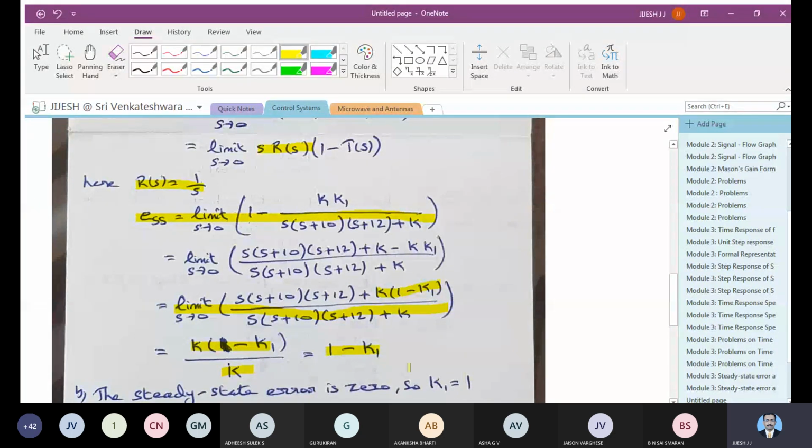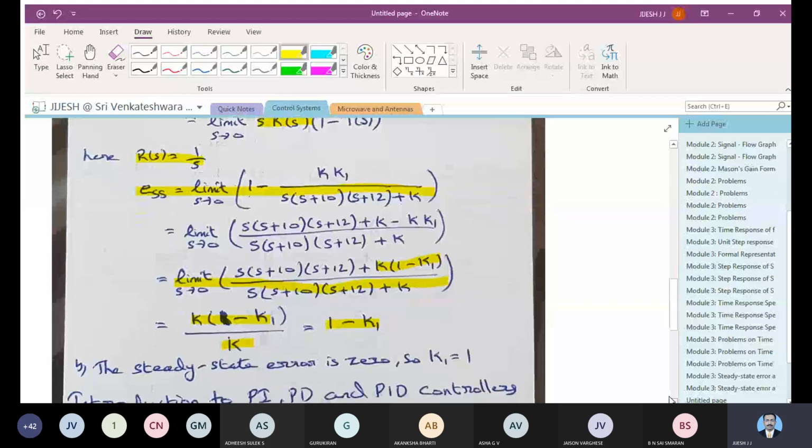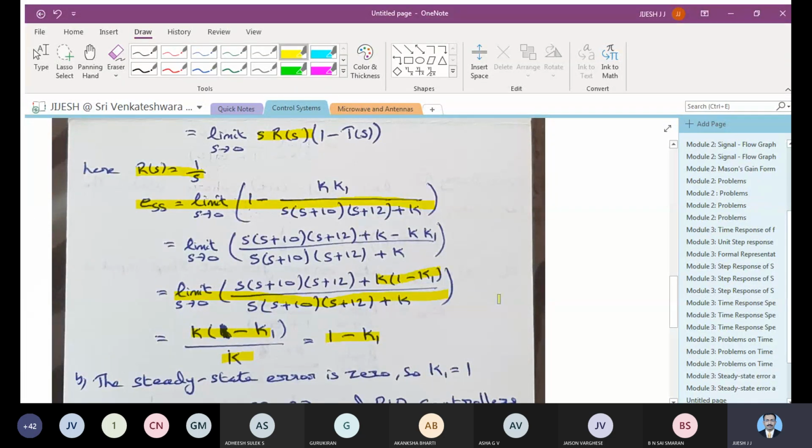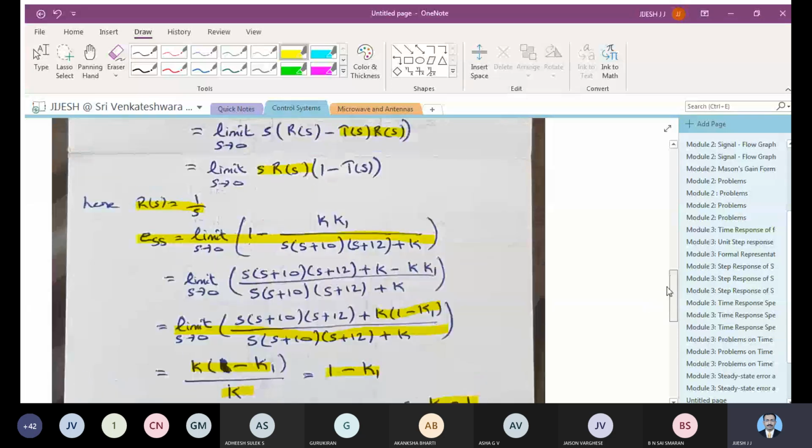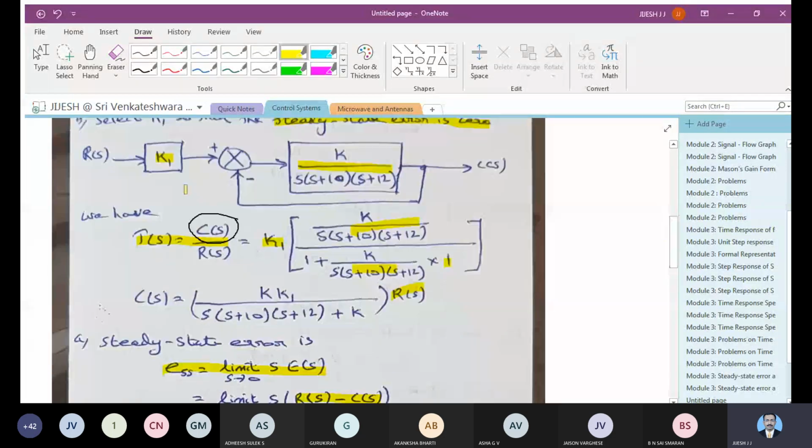So to bring ESS to be 0, k1 should be equal to 1. That is just one statement. You can write it there. So if you make k1 as 1, then your steady state error will be 0. So in this, you can see here, if it is 1, then the entire block, the error will become 0.